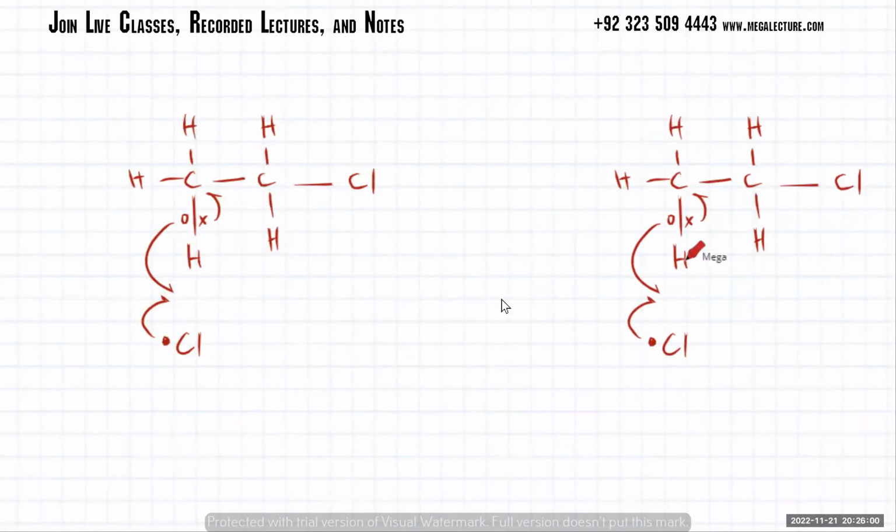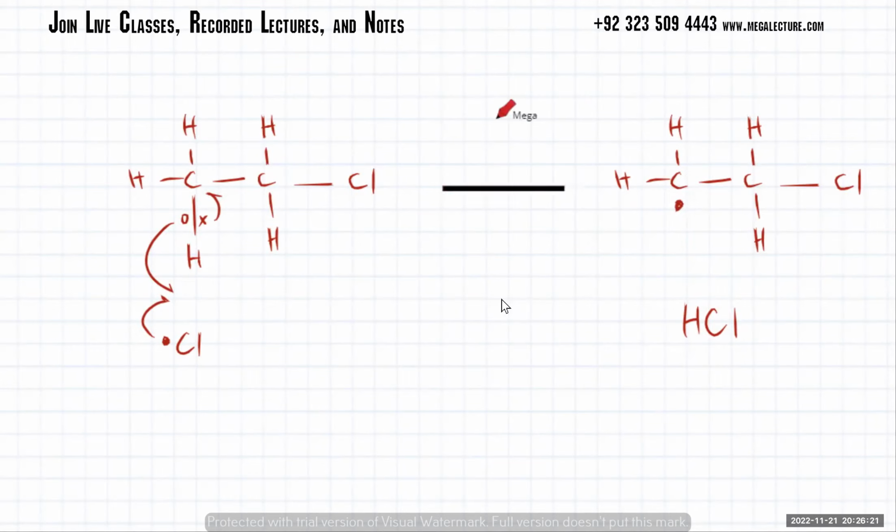This H will bind with this and form HCl. And this carbon over here will become a radical because it's going to get its electrons back. So it's going to be short of 1 electron or 1 bond basically. So that's the first step.